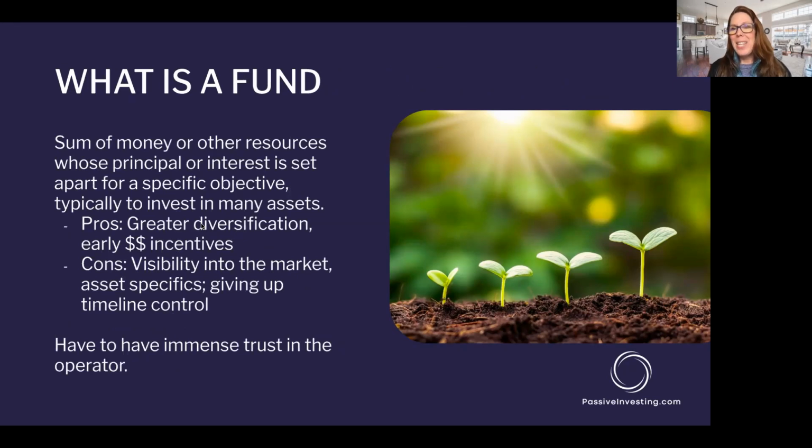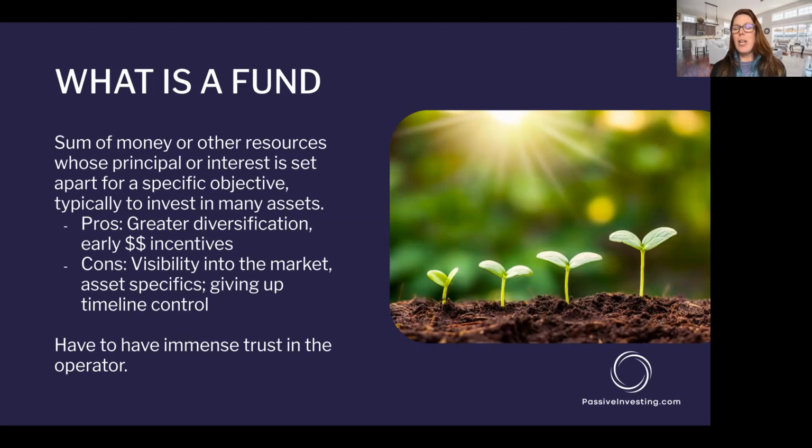All right, and then we got our last type of asset, which is funds. Okay, and this is where a fund is unique. I think a lot of people think a fund is an asset of itself, but really a fund is a sum of money or other resources whose principal or interest is set apart for a specific objective, typically to invest in many assets.